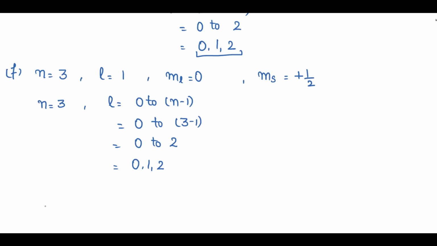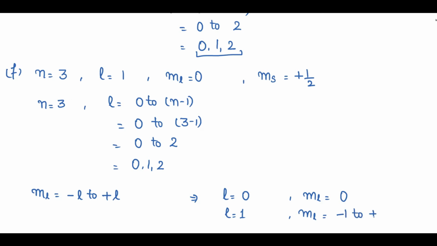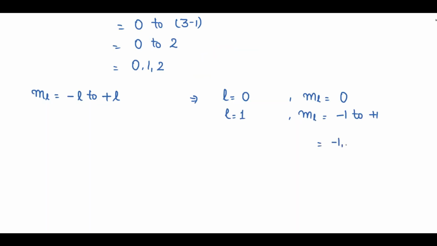So these are the possible values of l. For the value of m_l, we can consider minus l to plus l. If the value of l equal to 0, the possible value of m_l will be 0. If l equal to 1, m_l will be minus 1, 0, plus 1. If l equal to 2, the possible values of m_l will be minus 2, minus 1, 0, plus 1, plus 2.